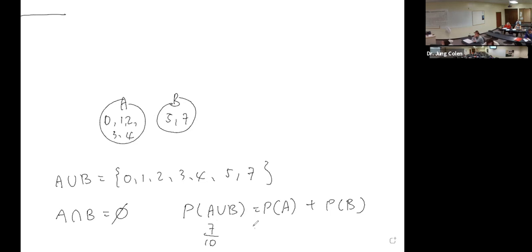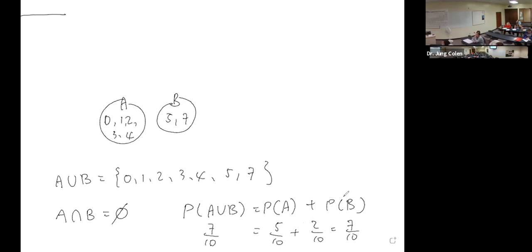So you can find the union of A and B first and find the probability for that. Or you can think, there's nothing overlapping, so it's the same as probability of A plus probability of B. We already found the probability of A is 5/10 and probability of B is 2/10. So that's the same as 7/10.